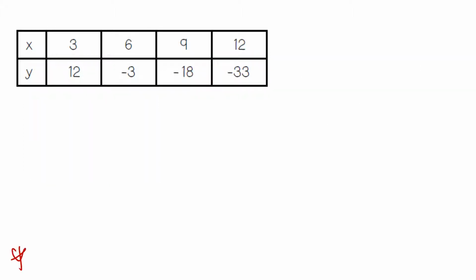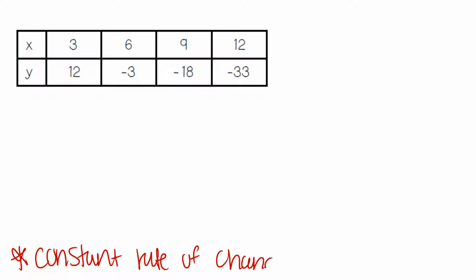Now for tables, tables is where we're looking for a constant rate of change. So what we're going to do is look and see how much we are counting by each time. 3 plus 3 is going to give us 6. 6 plus 3 is going to give us 9. 9 plus 3 is going to give us 12.